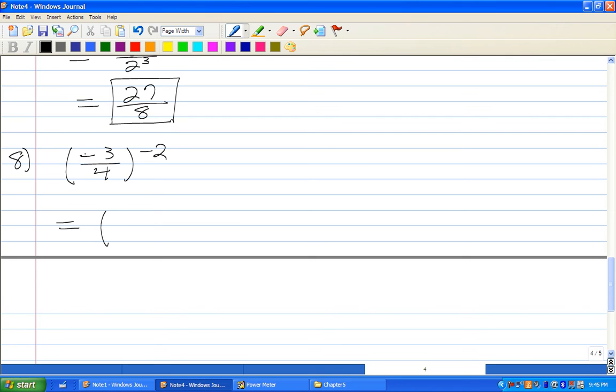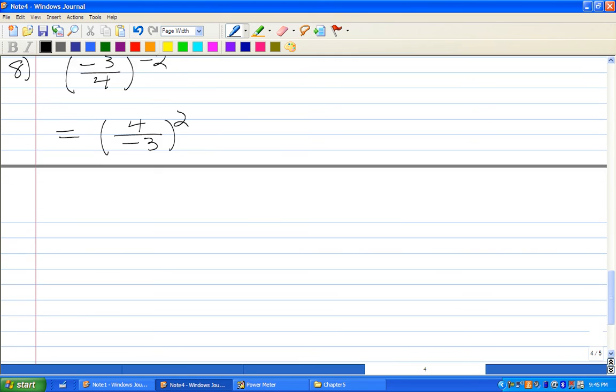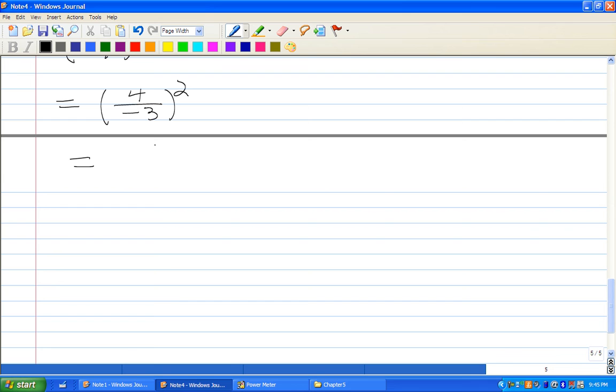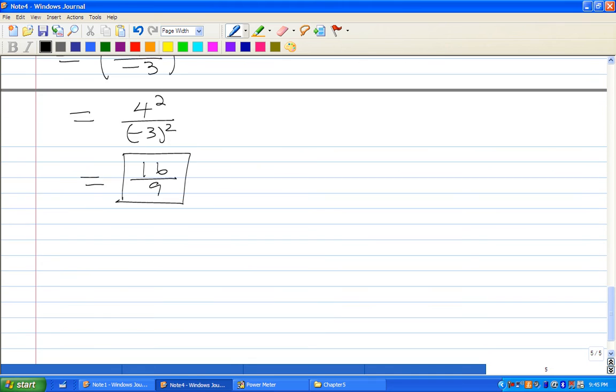The reciprocal of negative 3 over 4 is 4 over negative 3. Change the exponent from negative to positive. And so let's square each of these. This is 4 squared over negative 3 squared. 4 squared is 16. Negative 3 squared is 9. And so my answer is 16 over 9.